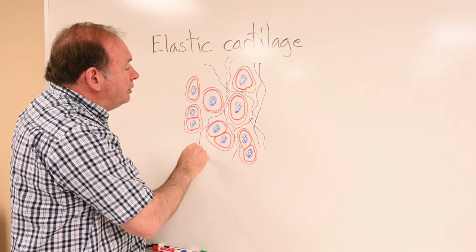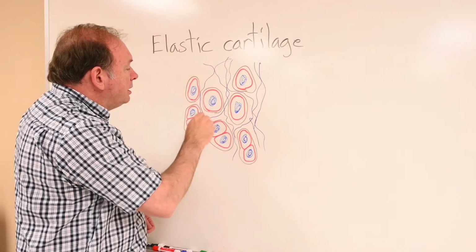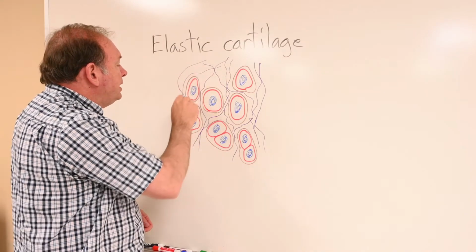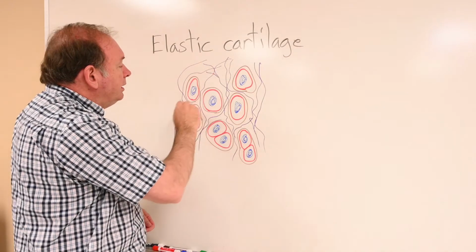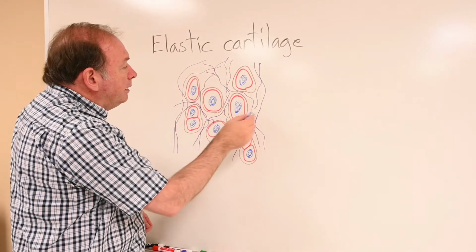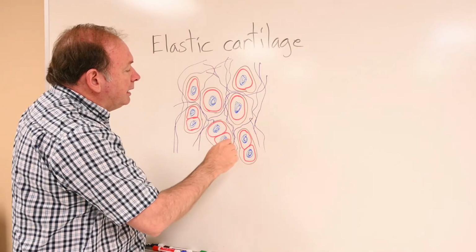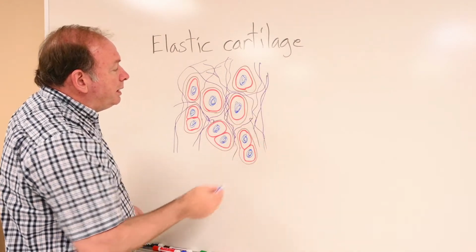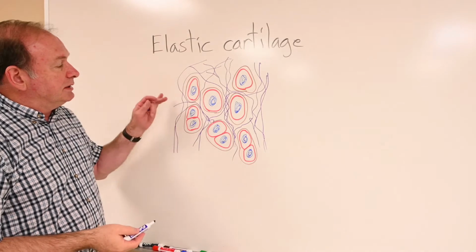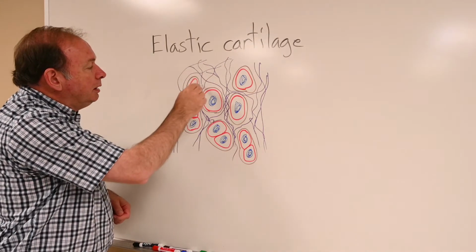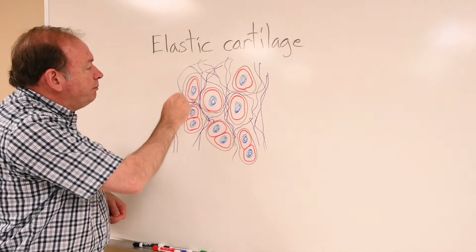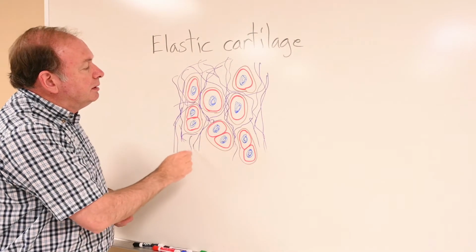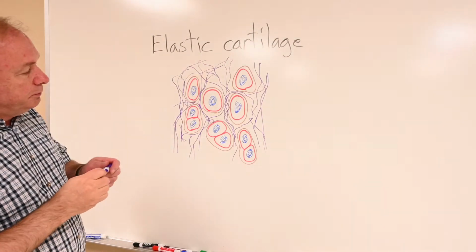The elastic fibers are very small, wavy fibers that extend through the tissue in different directions. It's a little hard to do this on the board here, but there would be hundreds and hundreds in this small space that I've got to work with, not the few elastic fibers that I'm drawing here. But anyways, we've got quite an abundance of elastic fibers that extend through all of the matrix, embedded in that hyaline or plastic-like matrix of the tissue.